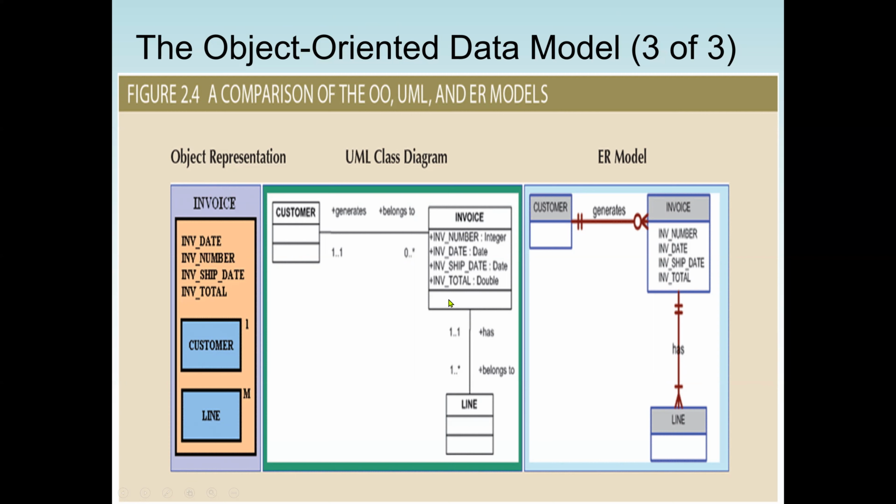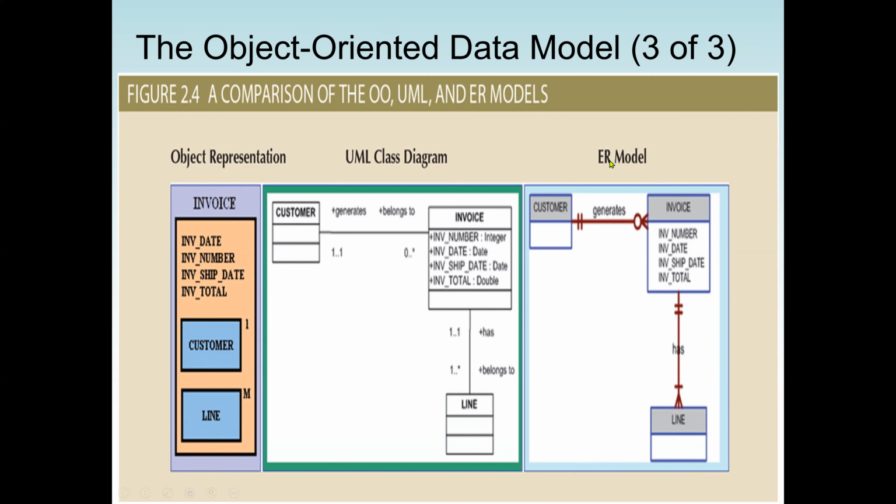Then the behavior, in this case, we deal with the relationships between the entities. An attribute is a characteristic of the entity. So invoice is an entity, customer is an entity, with a relationship between the two. But invoice number, invoice date, these are the attributes or the characteristics of the invoice table or entity.